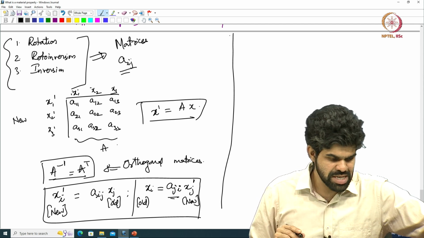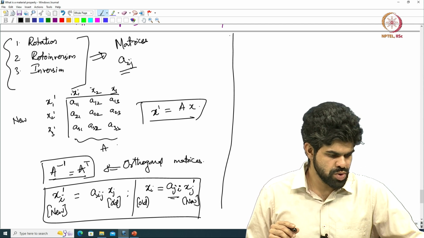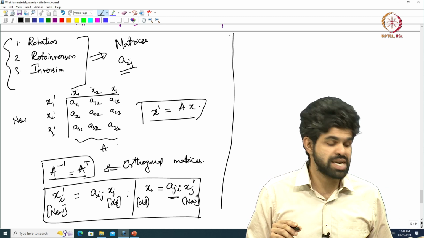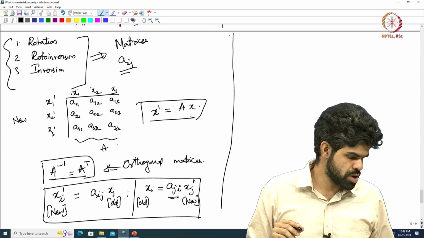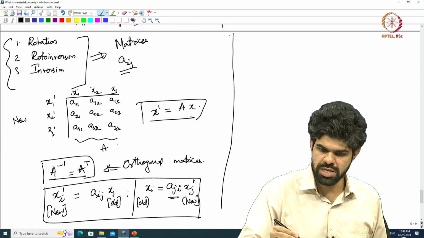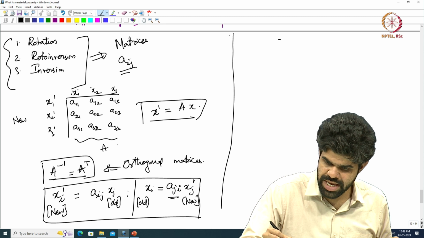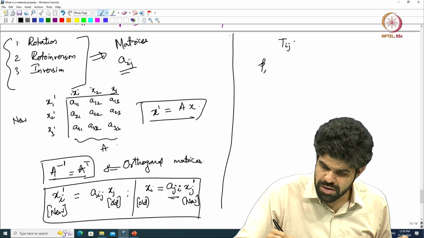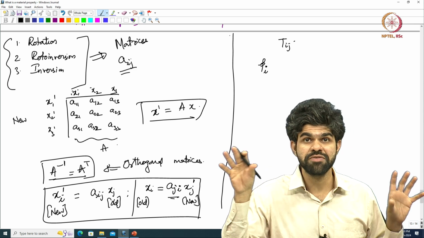Now, based on this, I am going to next ask a question: how does a second rank tensor transform upon a coordinate transformation? Now, I have a second rank tensor which is Tij. Tij relates a vector Pi, it is relating two different vectors here.